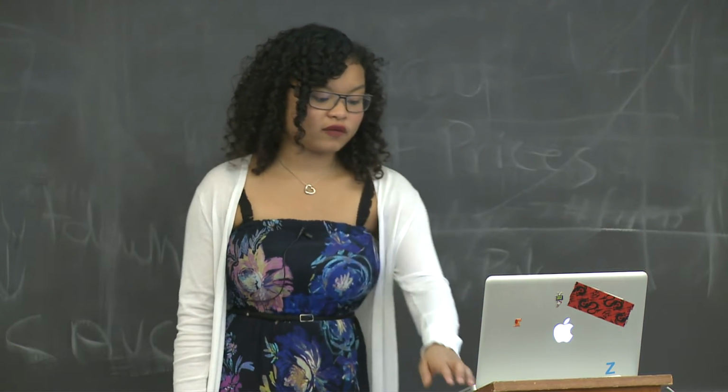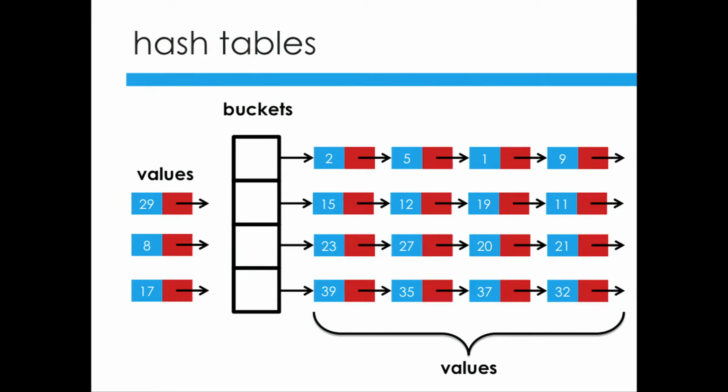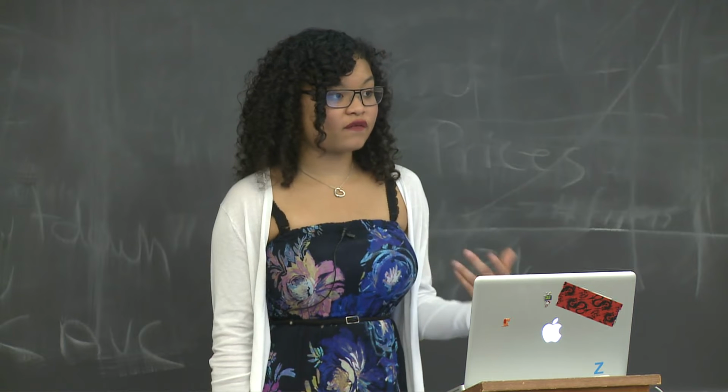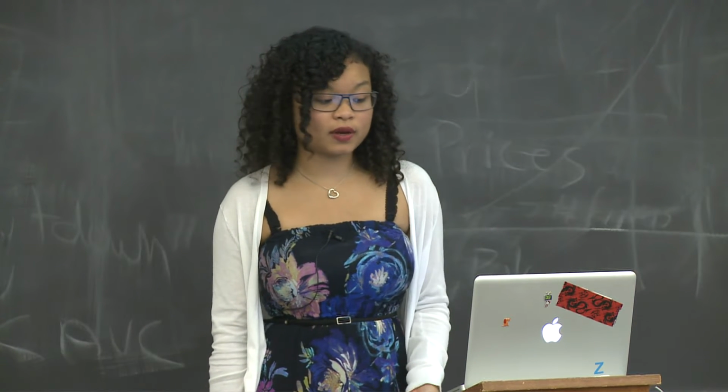Up above, in this example, my hash function took each value and checked whether it was less than 10. If it was, it would put it into the first bucket, otherwise it checks whether it's less than 20 and puts it into the second. If not, it checks if it's less than 30 and puts it into the third bucket, and all else falls to the fourth bucket. So whenever you have a value, your hash function will place that value into the appropriate bucket.